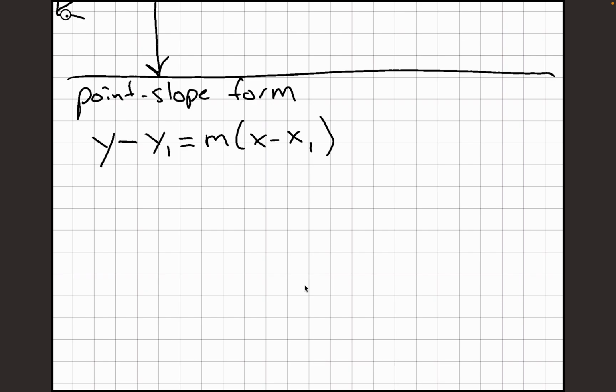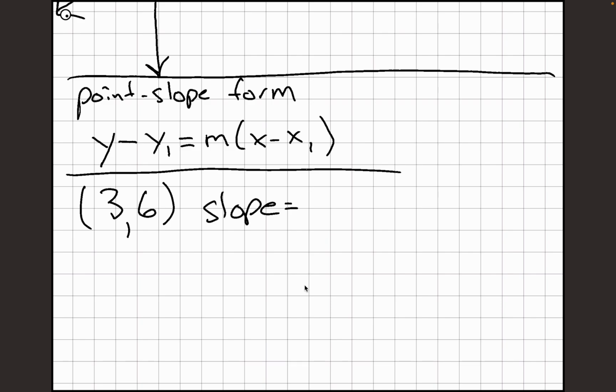So one of the beginning parts is just going to be, let's say you are given the coordinates (3, 6) and your slope is 2. We just got to plug it into our equation. Our 3 is going to be our x1, our 6 is going to be our y1, and we're just plugging that into the equation.